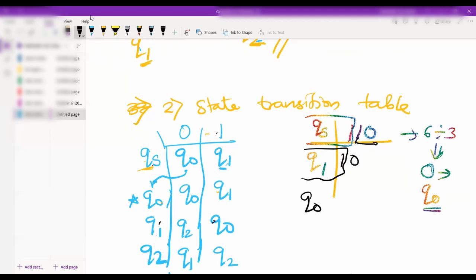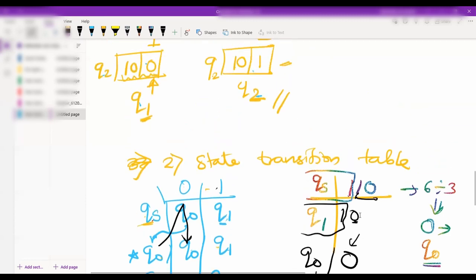What is remaining after considering Q1 on 1 is 0, so we'll write 0 here. Now Q0 on 0, where is it going? It is going to Q0. That means our calculation is correct. So this is how we design finite automata for the binary number system divisible by 3.